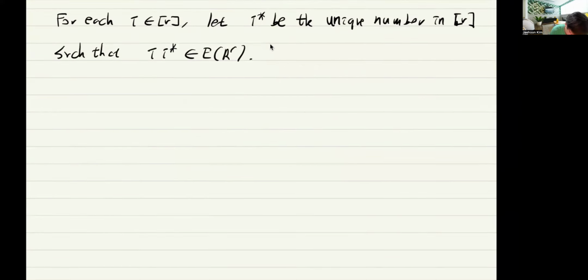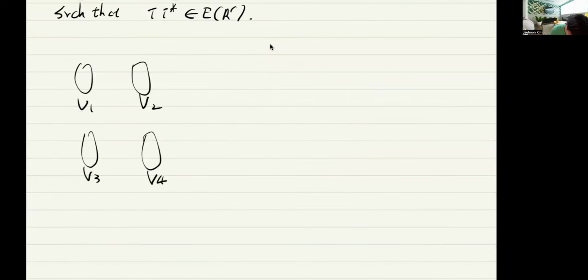Okay, now what do we have? We have P1, P2, P3, P4, P5, P6, and we know that they are epsilon regular.